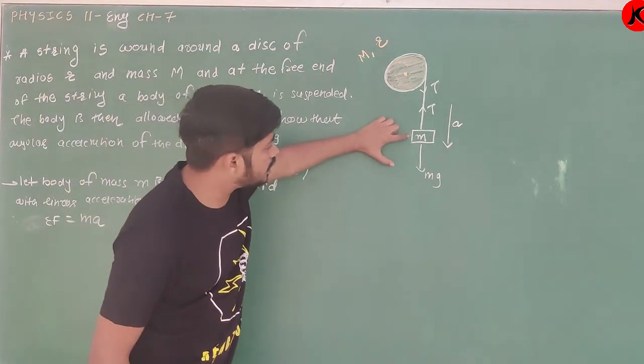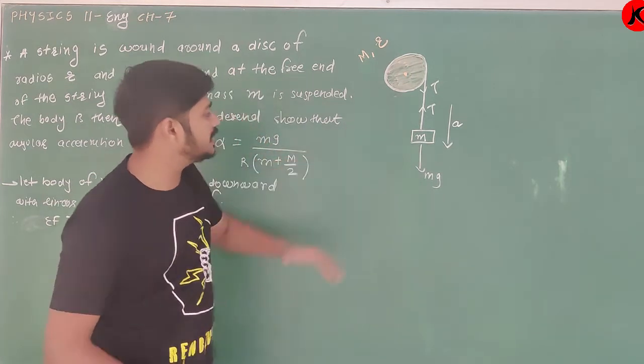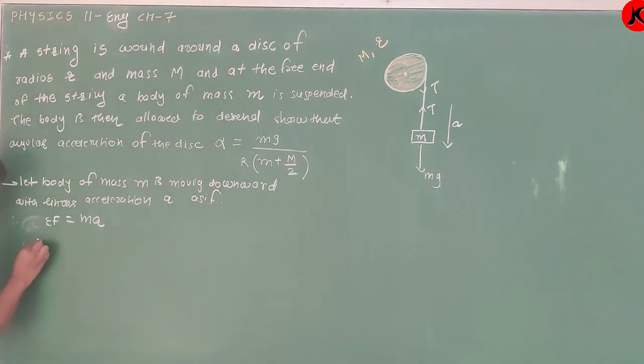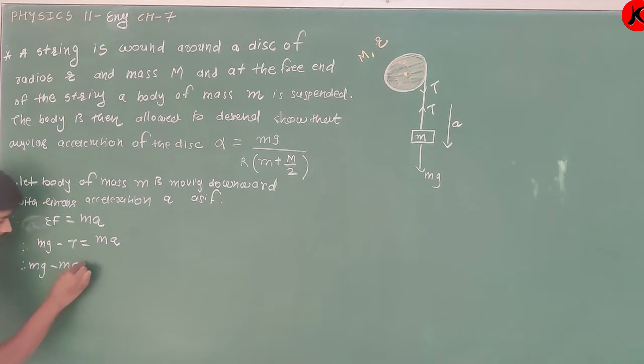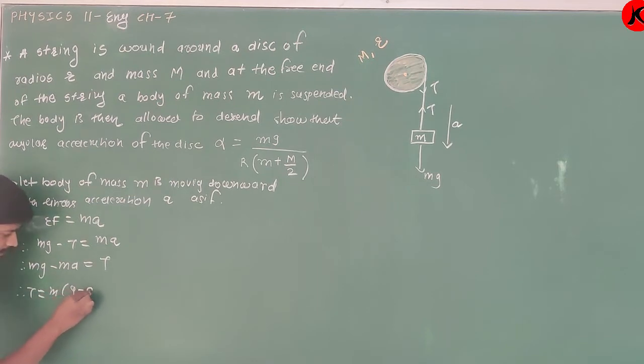Now on this body, there are two forces, mg and T. Then it is mg minus T is equal to ma. So therefore T is equal to mg minus ma. Simple? Clear?